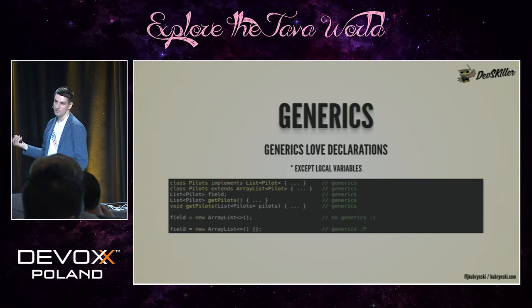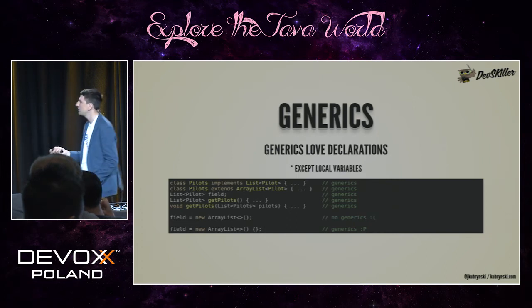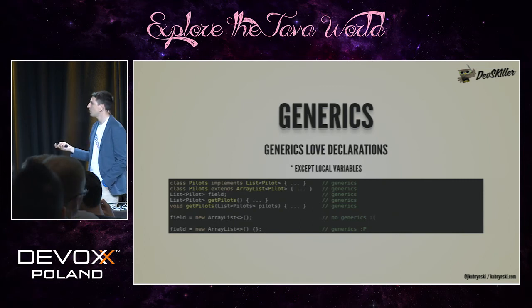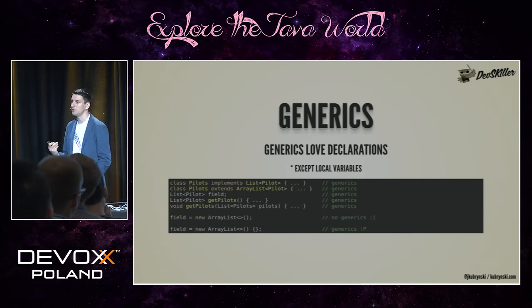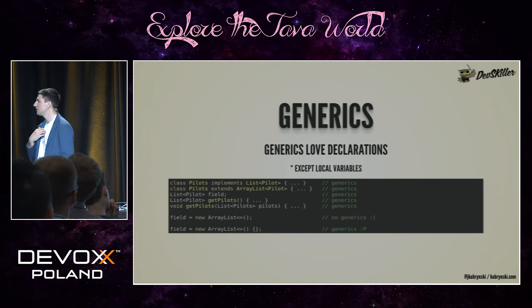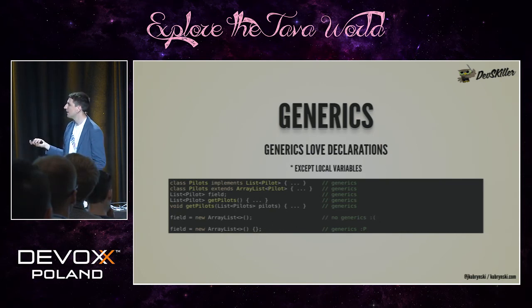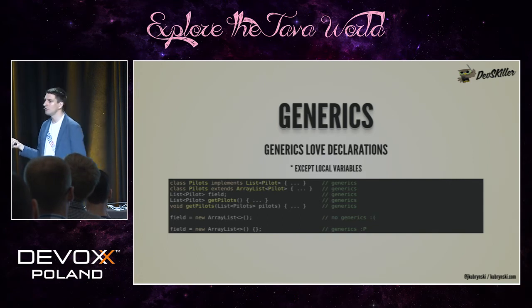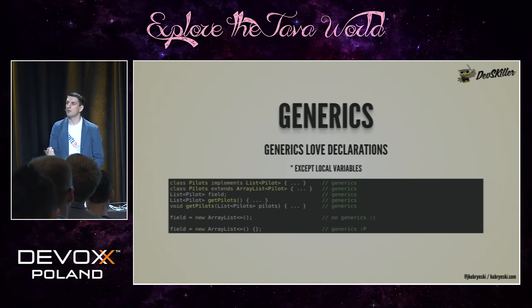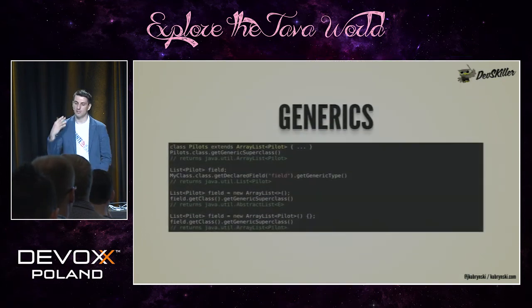The return type of a method also has generic information available at runtime. Method parameters, also generic information at runtime. So what does it mean that we are erasing the type? When you access the object, not the field metadata, but the object, there is no generic information. But when you add two brackets, there is generic information. Why? Because this means we are creating an anonymous class, so there is generic information, okay? So it doesn't mean that this generic information is not available.